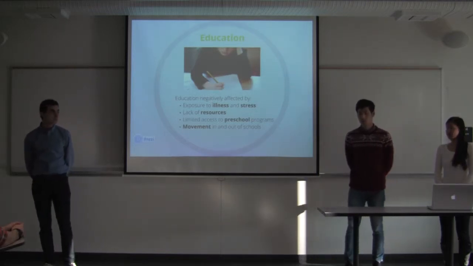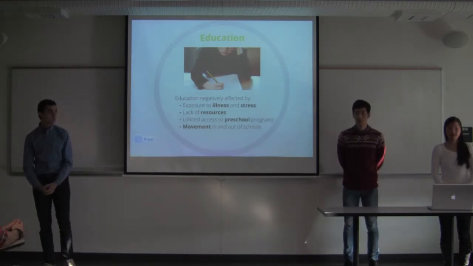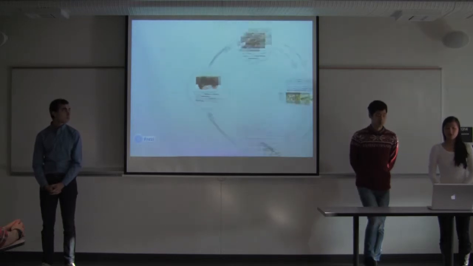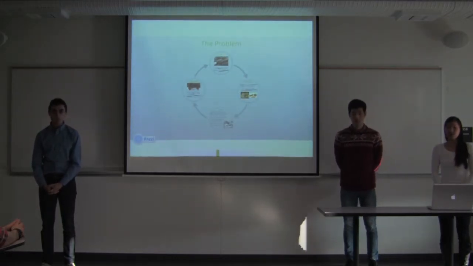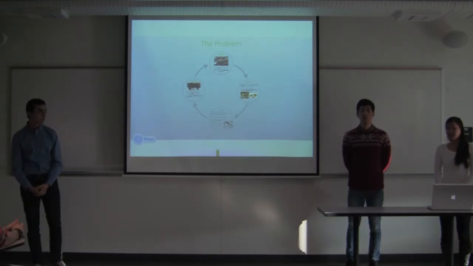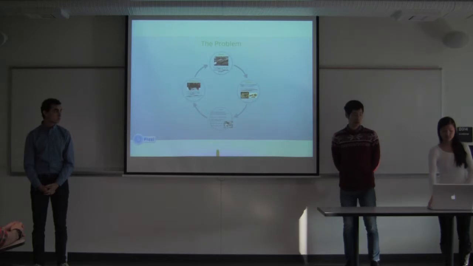And all of these inhibit a student's ability to profit from school, and therefore may impact their ability to participate fully in the workforce in the future. So overall, our research indicates that poverty is a widespread problem affecting many areas of people's lives. Therefore, a solution to alleviate poverty will also benefit these other areas.